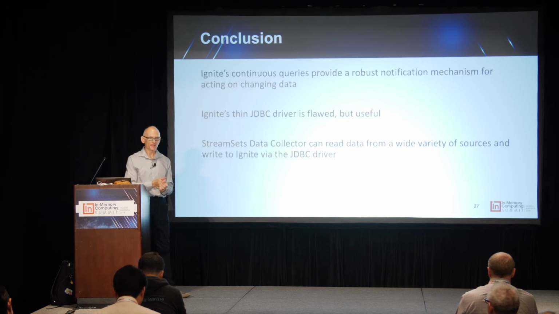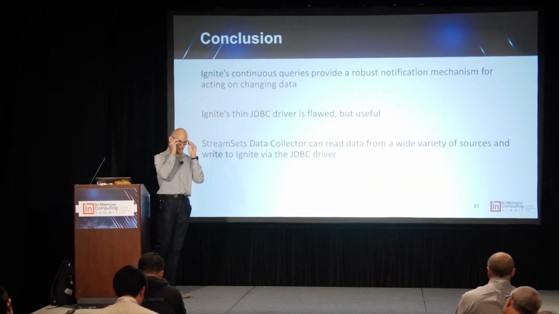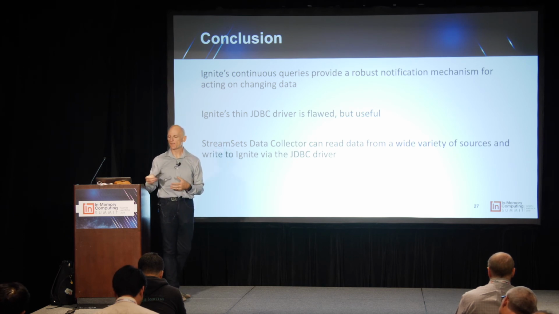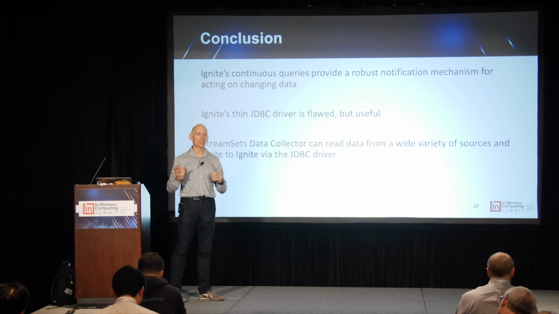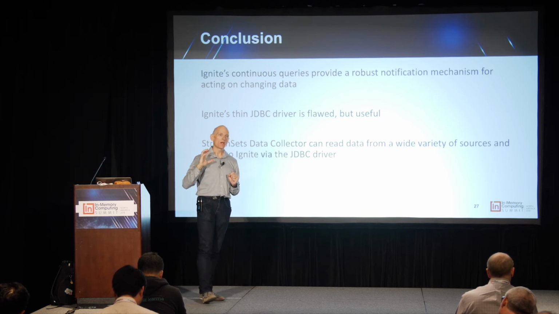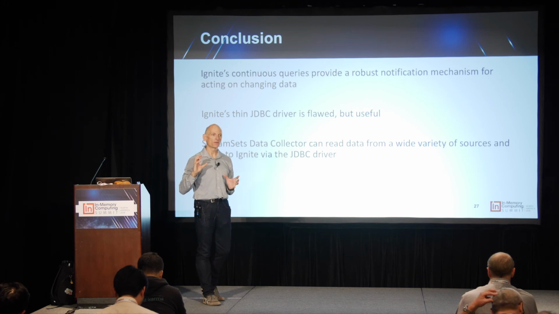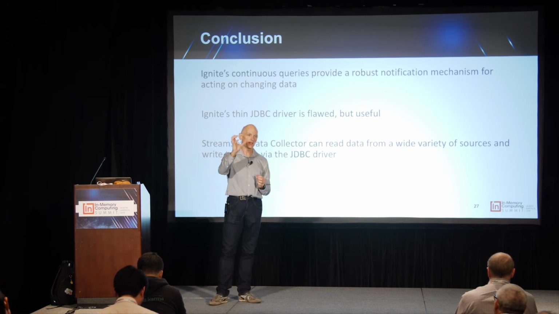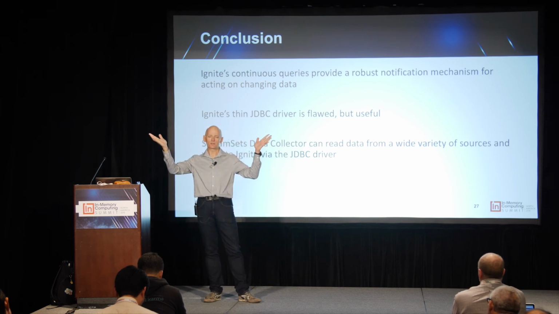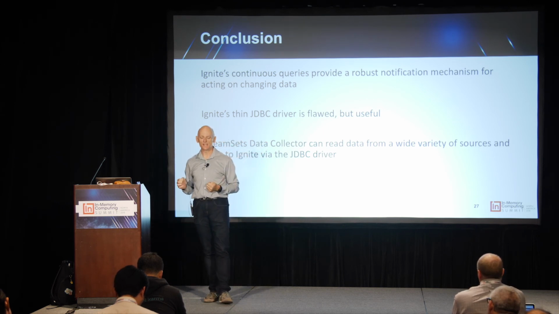So wrapping things up, continuous queries are a really robust notification mechanism for acting on data changes. The knobs and levers are there to scope down what you see, both filtering the changes based on the data and filtering down the fields that you receive.